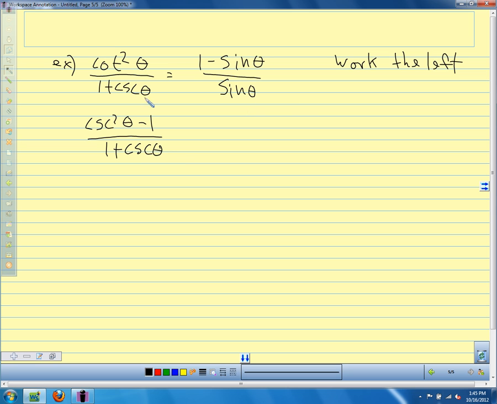And now I'm going to factor. This looks like the example that we did from our homework, where we have a quadratic in the numerator and something that involves one of the terms in the denominator. If I factor this numerator, maybe I can cancel this 1 plus cosecant theta. So how can I factor cosecant squared theta minus 1?